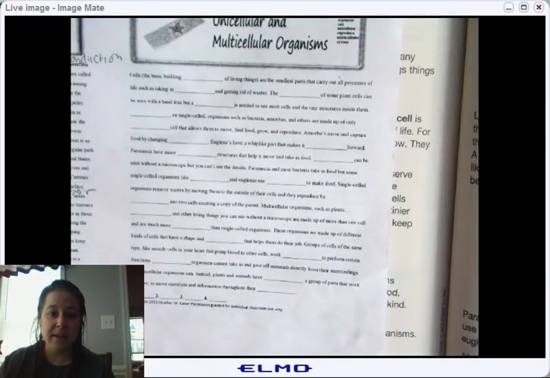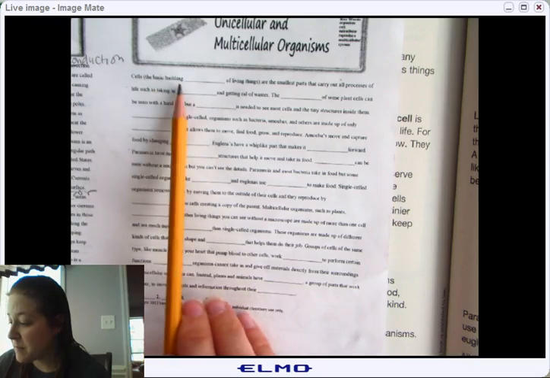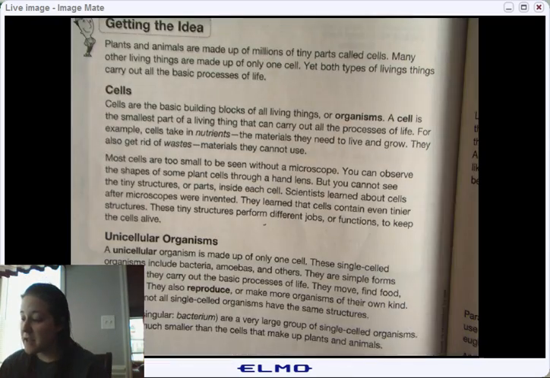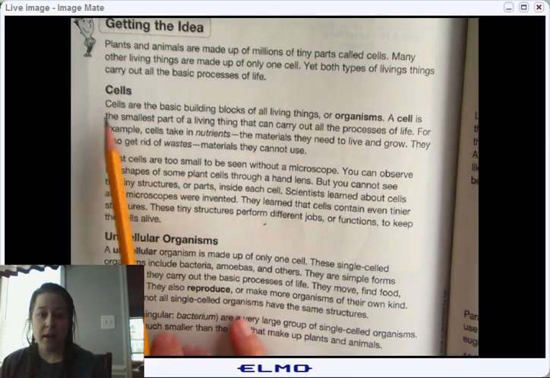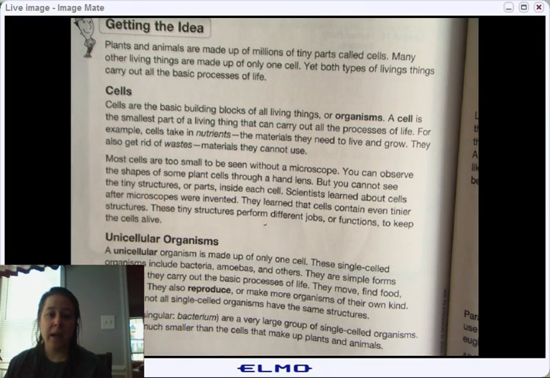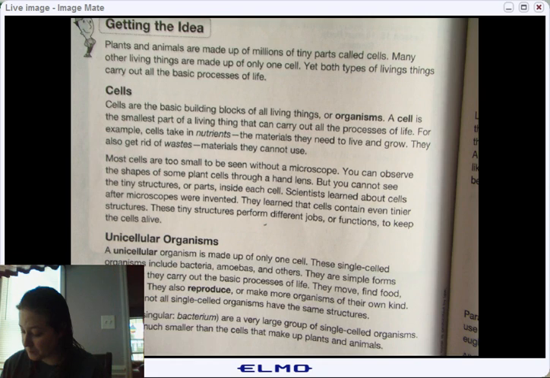So the first thing here, it says cells, the basic building blocks of living things. Look at the very thing, basic building blocks of living things.